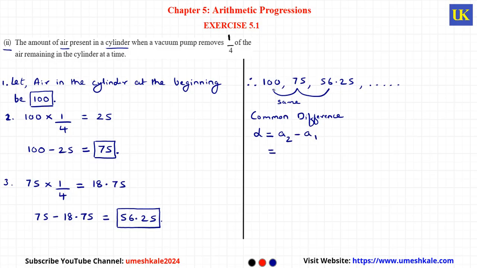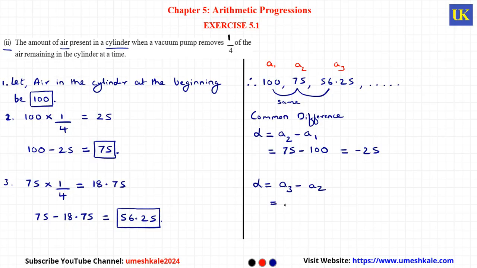So this is A1, this is A2, this is A3. So A2 minus A1 we will do. A2 is 75 and A1 is 100. So 75 minus 100 is how much? It is minus 25. One more time we need to check: D is equal to A3 minus A2.